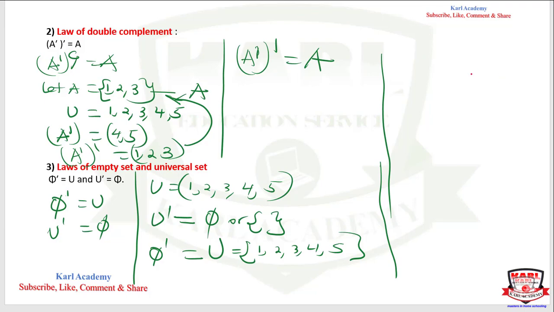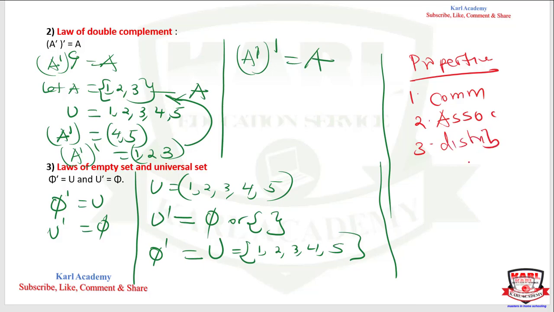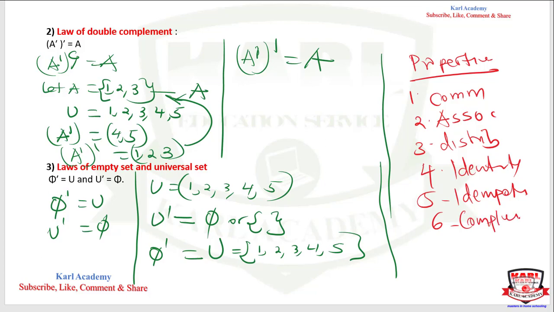The first one is the commutative property, the second is the associative property, the third is the distributive property, the fourth is the identity property, the fifth is the idempotent property, and the last, the sixth one, is the complement property.